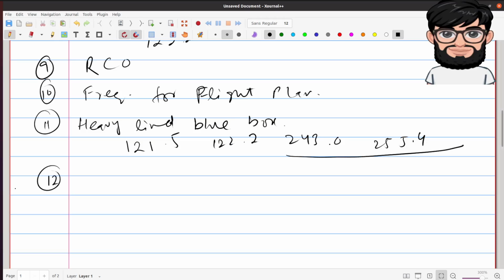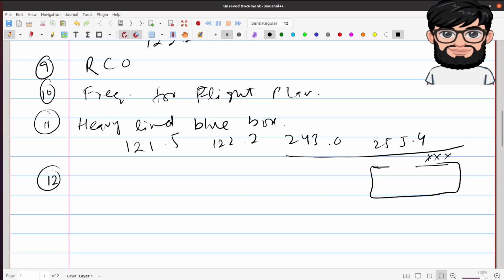Okay. Why would a frequency be printed on top of a heavy lined box? So if you have seen that NAVAID station, sometimes like this. So why is there a frequency on top of the heavy lined box over here?